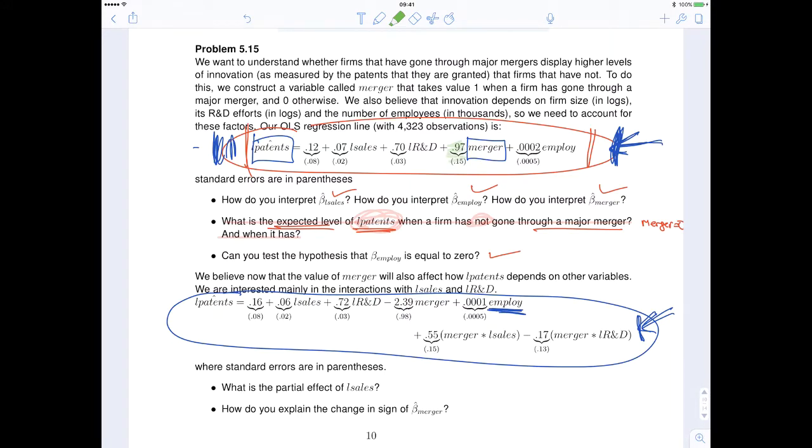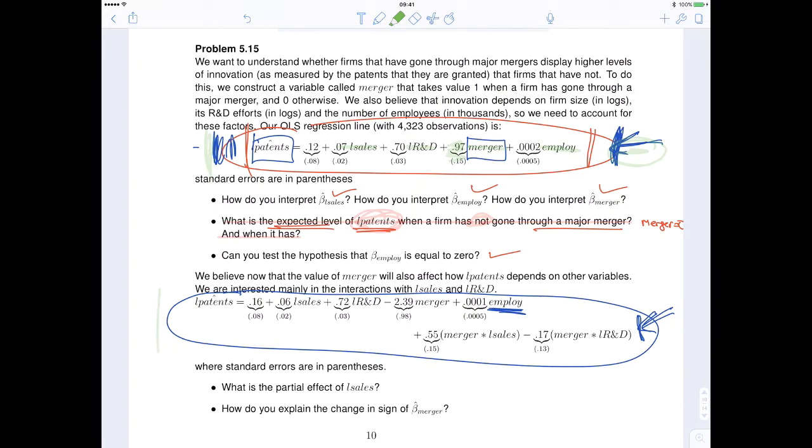Or an estimator. That would depend on whether your A1 to A5 assumptions are violated, right? If you believe that any of these x's, not just merger, but any of these x's, is correlated with some error term or some variable in the error term, those will be biased estimates, right? That would lead to bias.